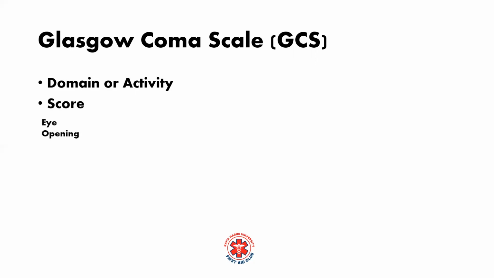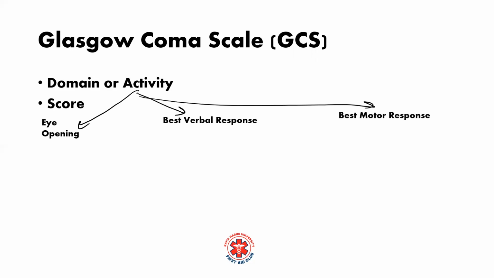The domains or activities are eye opening, best verbal response, and best motor response. If they open their eyes spontaneously, I will give them a 4. If they only open to speech, I give them a 3. If I have to induce pain for them to open their eyes, 2, and none will be 1.